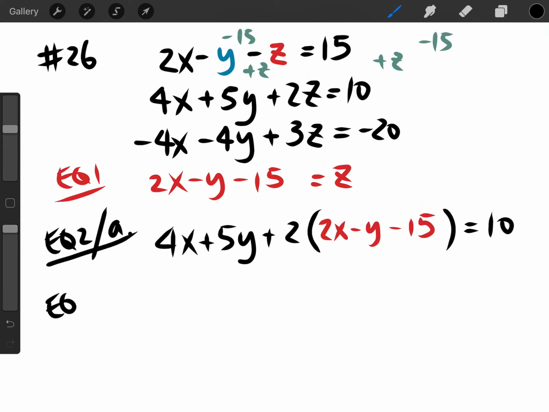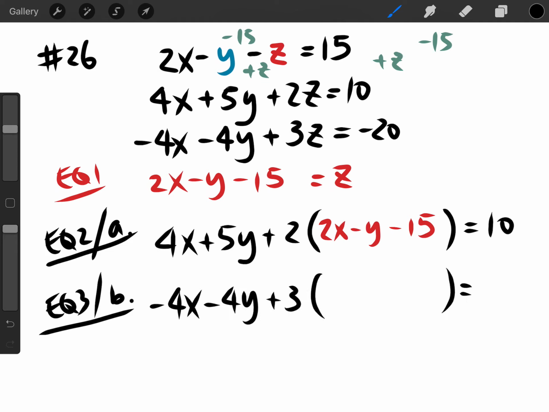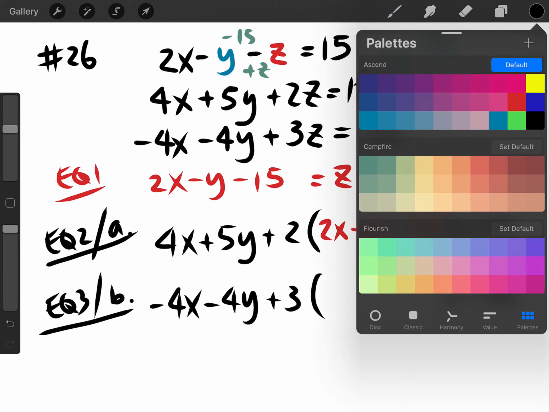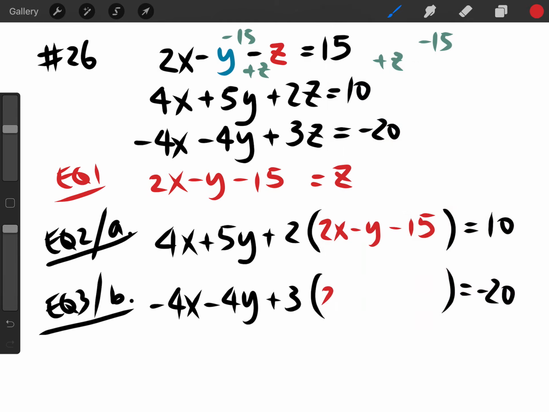Equation number 3. Later on, it's going to become the equation letter B. So equation number 3 is negative 4x minus 4y plus 3z, which equals negative 20. Now I'm going to plug the 2x minus y minus 15 into that z in the third equation.